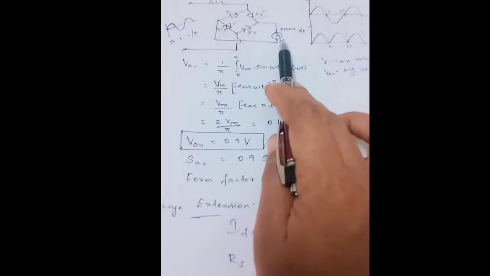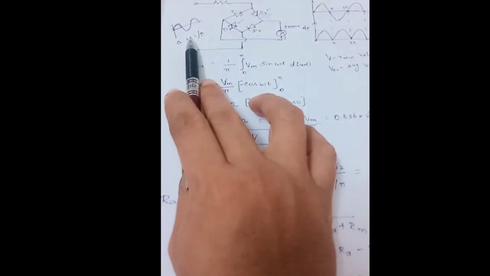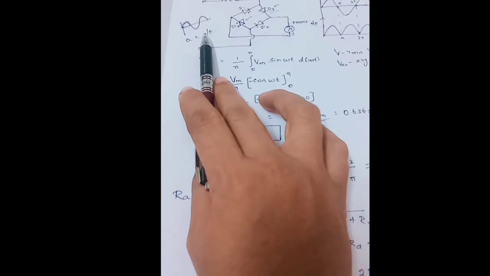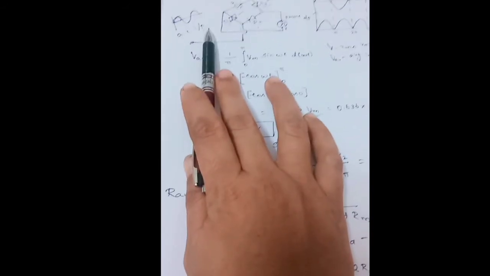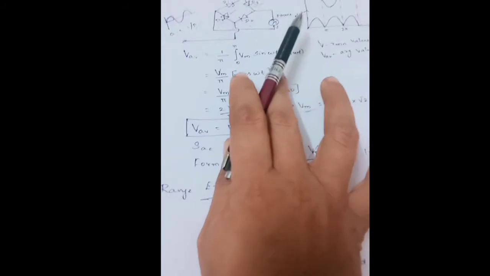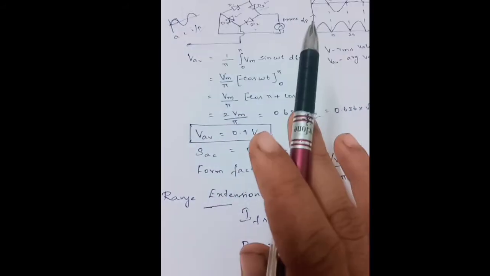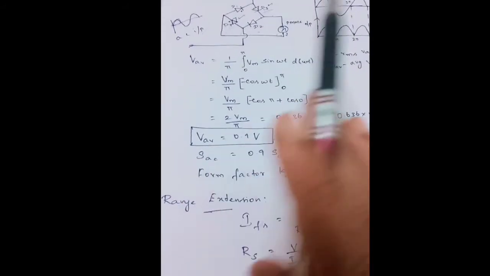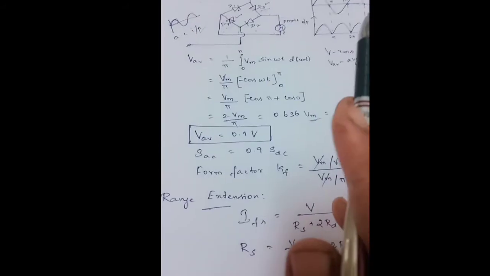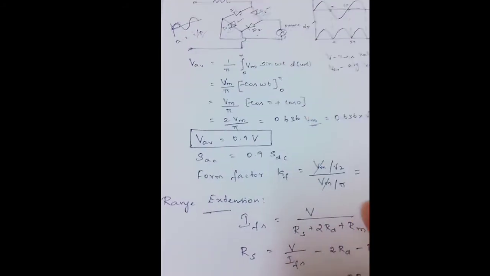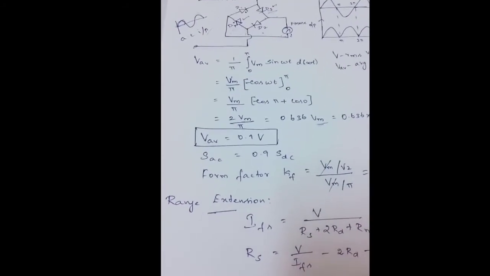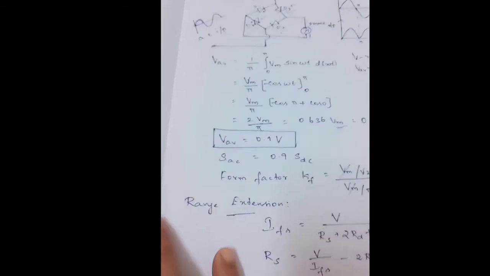This is how we can extend the range of this instrument for higher values of AC voltage measurement. When we use a rectifier type instrument, we can achieve 45% of output in the case of a half wave rectifier unit, whereas we can achieve 90% of output in the case of a full wave rectifier unit. Now let's see its advantages.